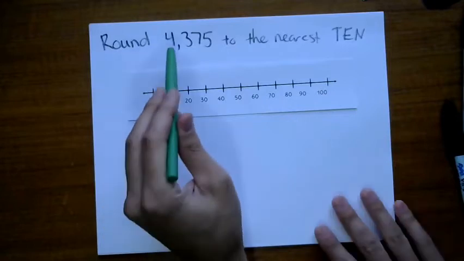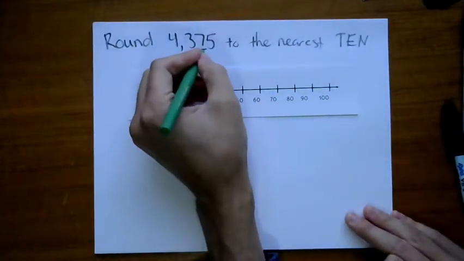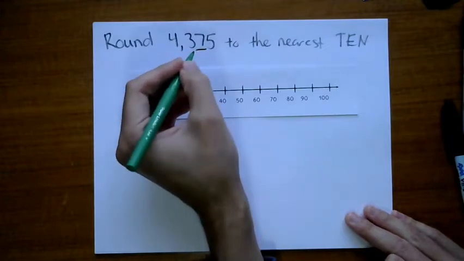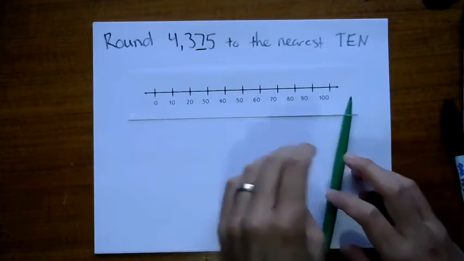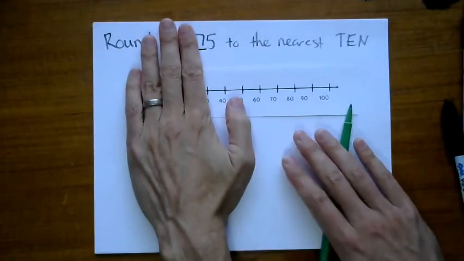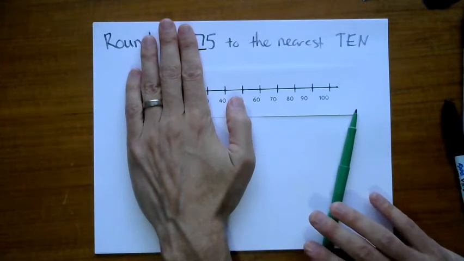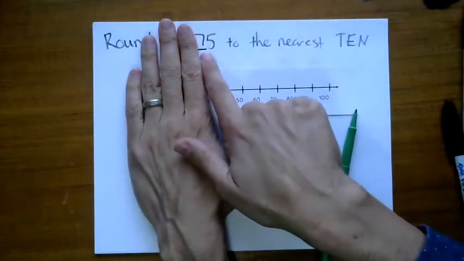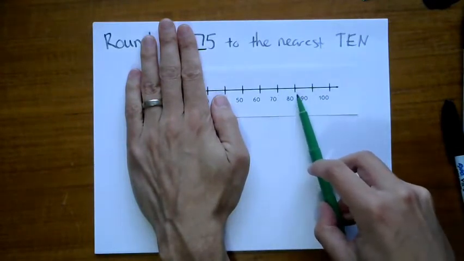Okay, now finally, let's round this number to the nearest 10. So again, the 7 is in the tens place. See, this is why we were practicing so much with place value. So if we just think about this number as 75, it makes it a lot easier for me to determine where to round to. So if I've got a 7 in the tens place, I know that I'm going to be between 70 and 80.